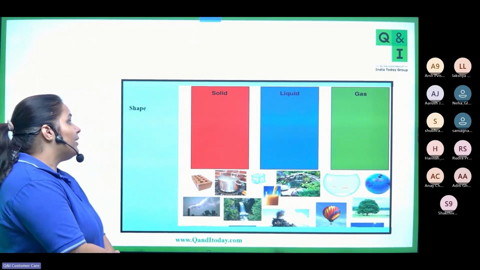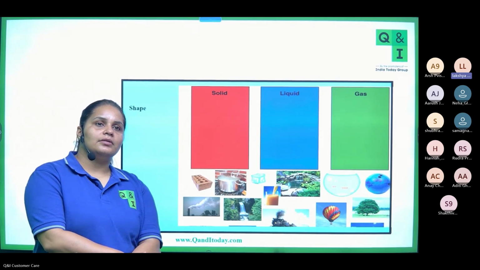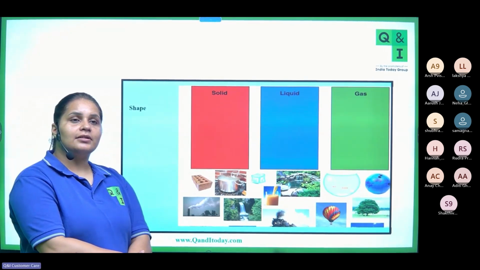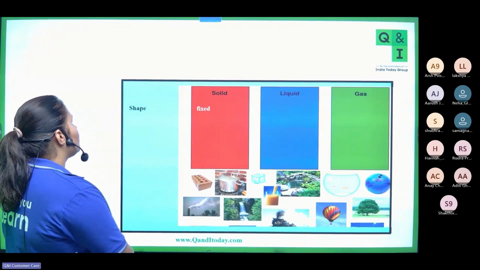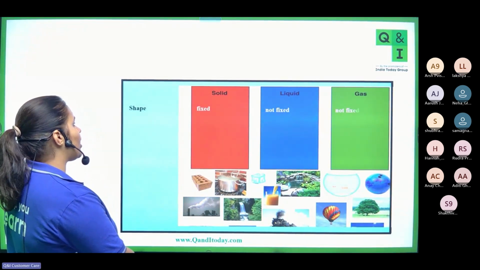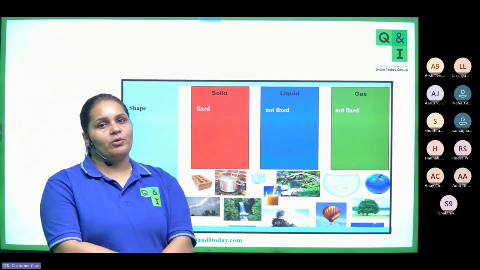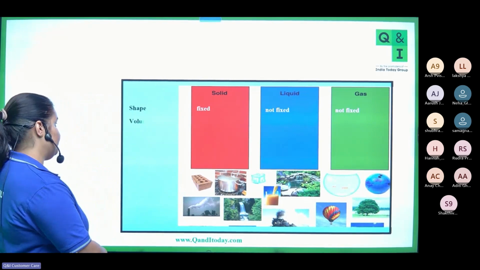Okay. Liquid? Not fixed. Gases? Not fixed. Right? So we have fixed shape only in case of solid, and liquid takes the shape of the container. You can simply say liquid takes the shape of the container.